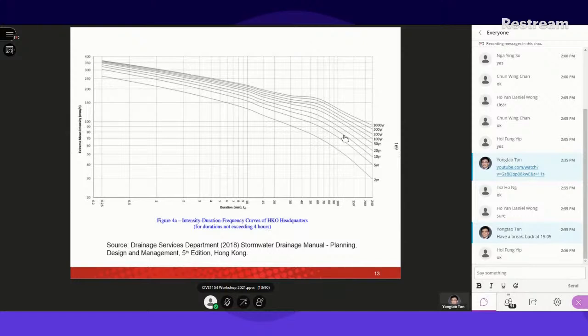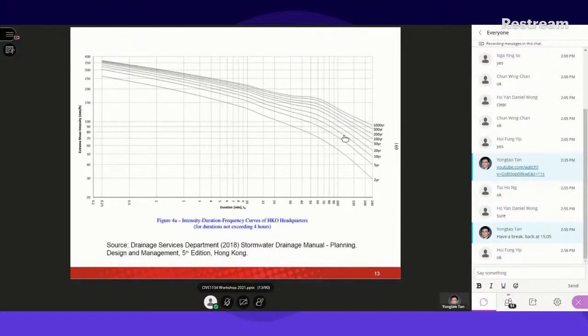So if you select a larger return period, you will have a higher cost for the design of drainage systems, urban drainage systems. So you need to have a balance. Typically, for the urban drainage system design, a 2 to 20 years return period is used.